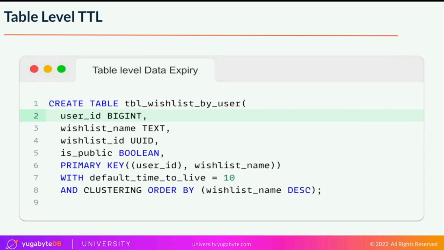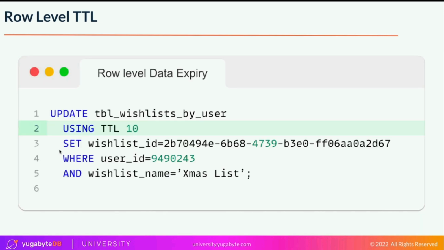In the next slide, we're going to talk about the row level TTL. When using row level TTL, or time to live, the TTL property can be set using the insert or update statement. So this is how you implement it.